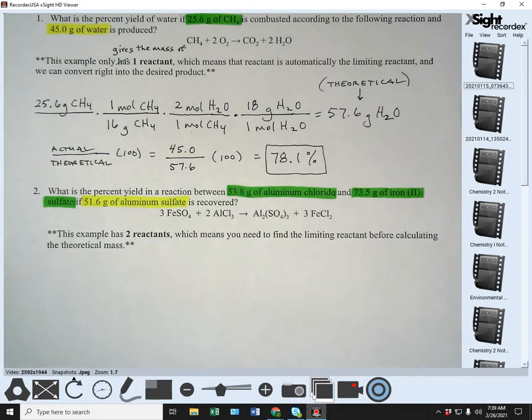You can choose whichever way you like better. The first way, I think it's easier because we've already been doing the BCA charts. I'm going to do it that way first.